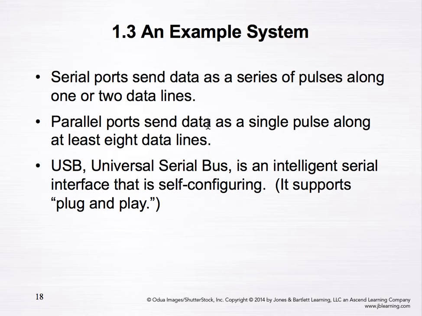Those are two different ways of sending data between the computer and external devices. The USB, the universal serial bus, is an intelligent serial interface that is configurable. It supports a much higher transmission speed compared with the serial ports and also the parallel ports.